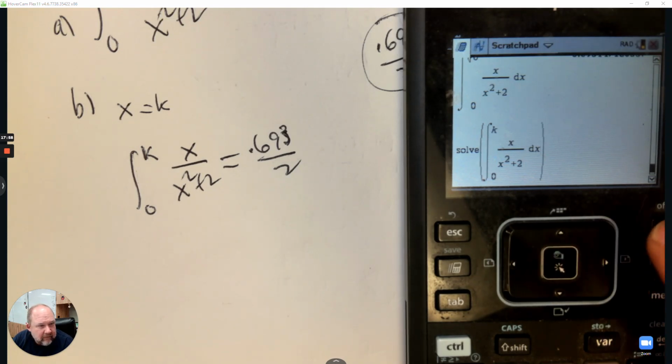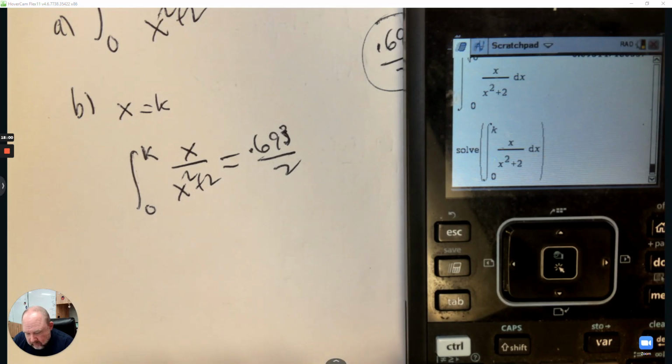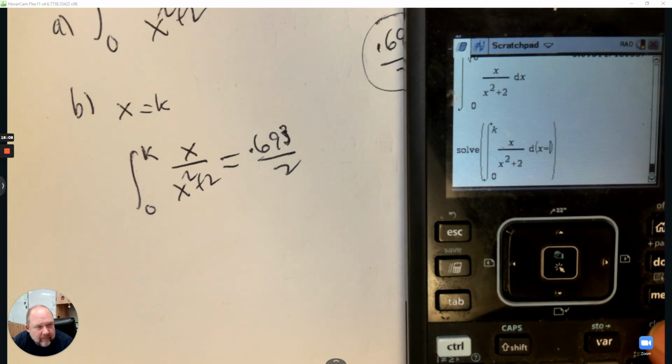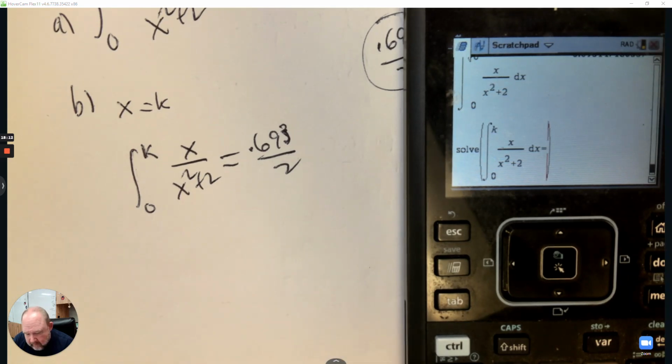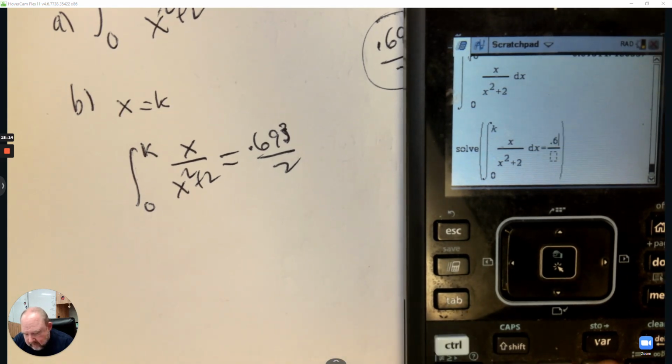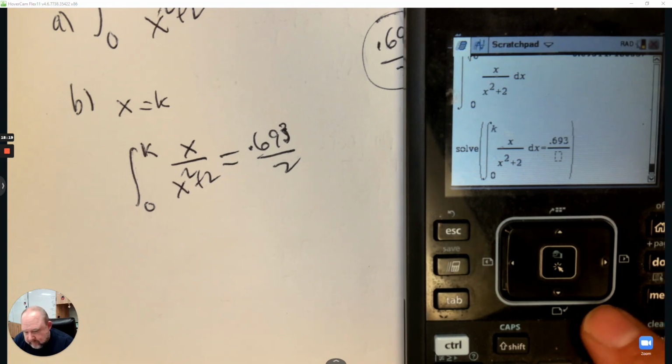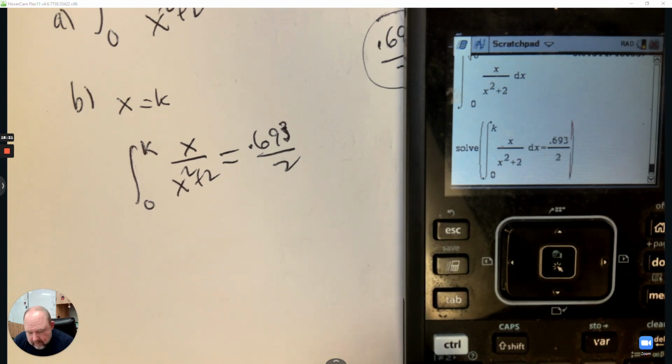So we're going to solve this equal to, what was it, 0.693 divided by 2, comma k.